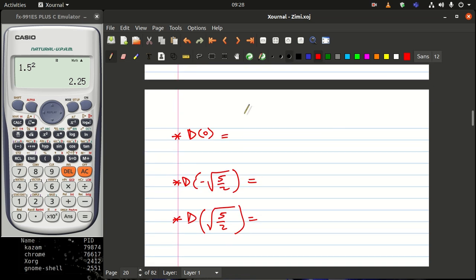So remember that our d of x is equal to the square root of x to the power 4 minus 5x squared plus a 9. So here I will end up having the square root of 0 to the power 4 minus 5 times 0 squared plus a 9. And this thing is going to be the square root of 0 minus 0 plus 9, the square root of 9.